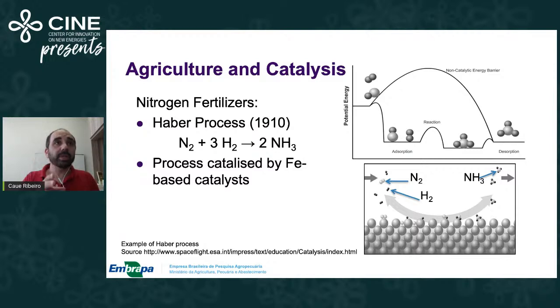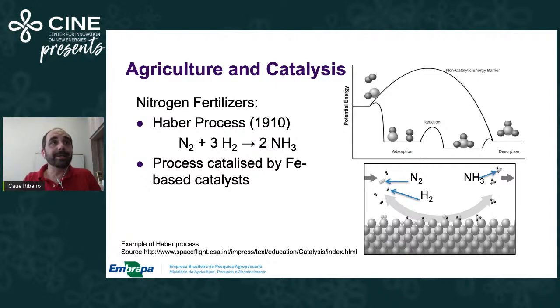But most of this ammonia is used to produce fertilizers, and these fertilizers are critical for the survival of humankind today. This process is typically catalyzed by iron-based compounds developed by Fritz Haber, which are the key to making this a viable process.